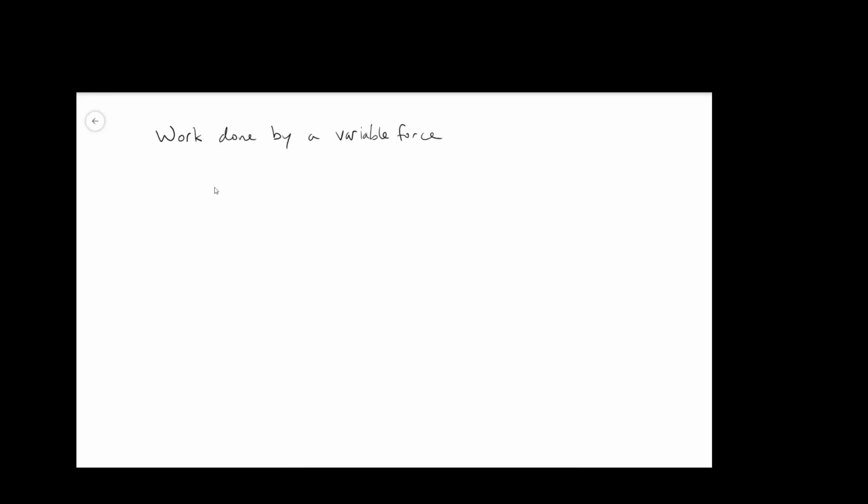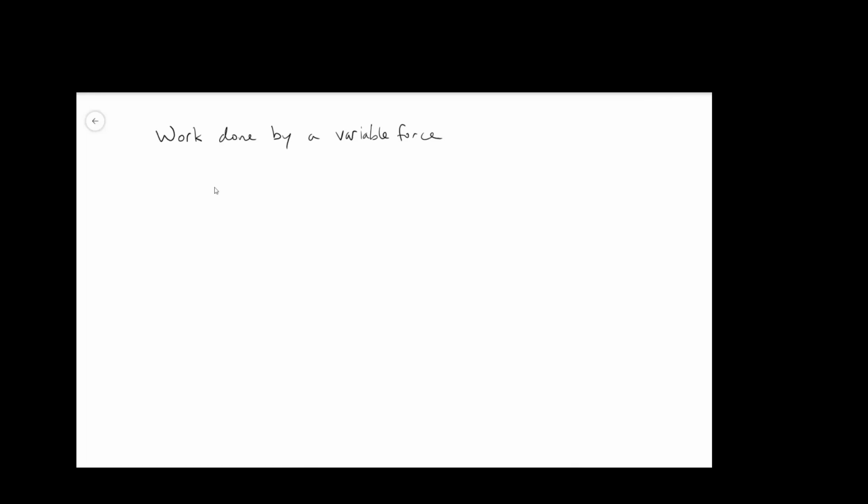However, if you are talking about taking something from the surface of the Earth and putting it into orbit, well, then it definitely becomes a variable force, right? Once you get a few hundred miles up away from the surface of the Earth, well, clearly the force of gravity is going to be a lot less way up there than it was at the surface of the Earth. So when you're talking about moving an object a very long distance vertically away from the surface of the Earth, then you do have to consider that gravity is a variable force.